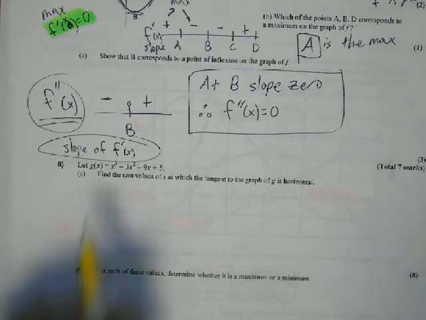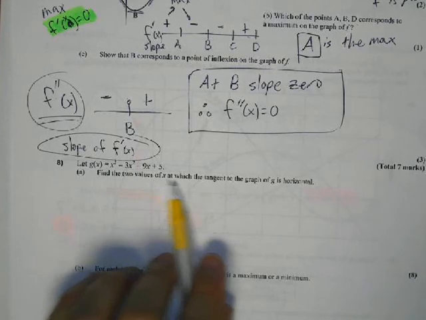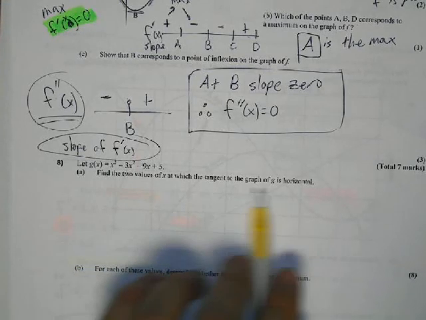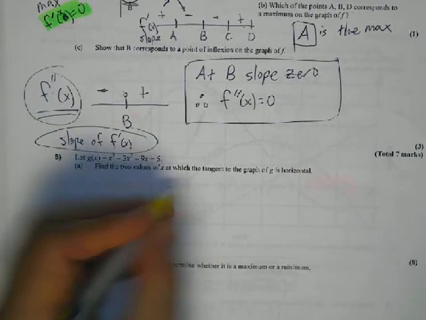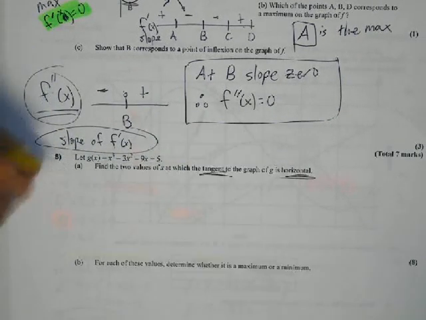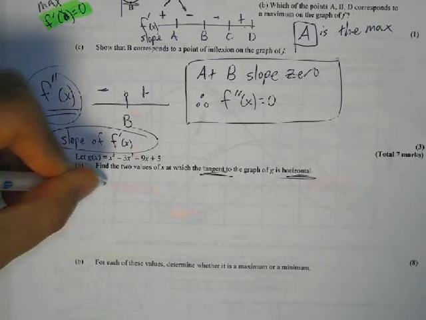Okay, 8. Here's the function g of x. Find the two values of x at which the tangent of the graph is horizontal. If the tangent is horizontal, that means the derivative is 0.